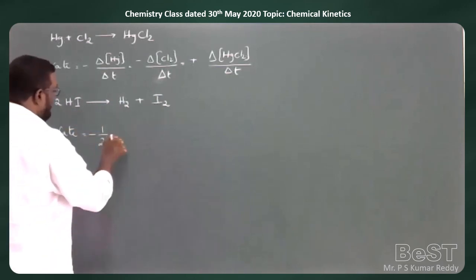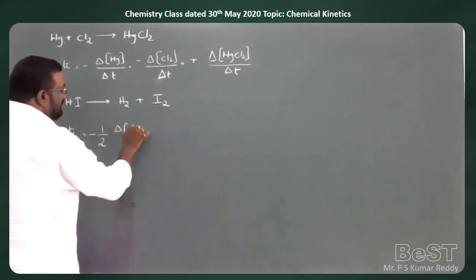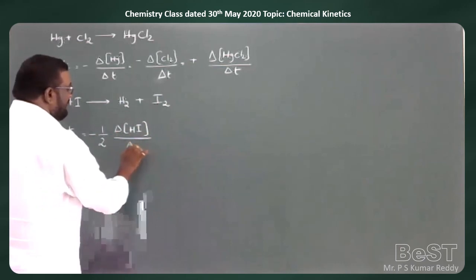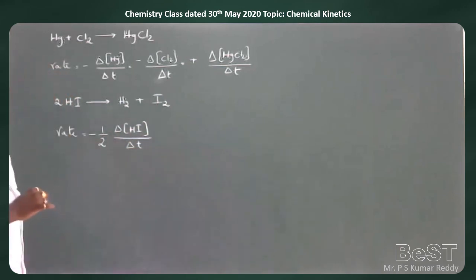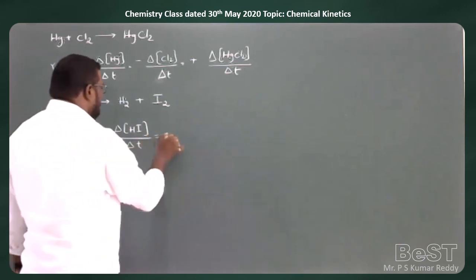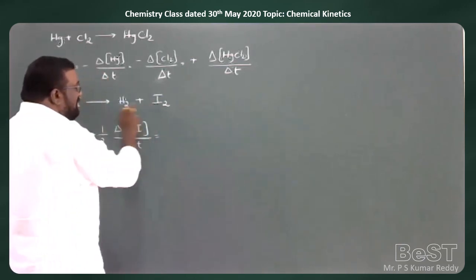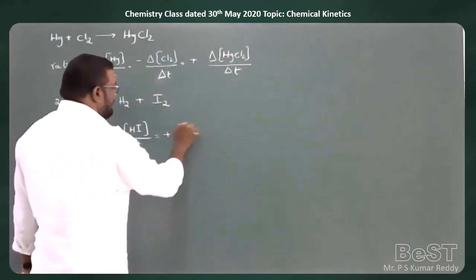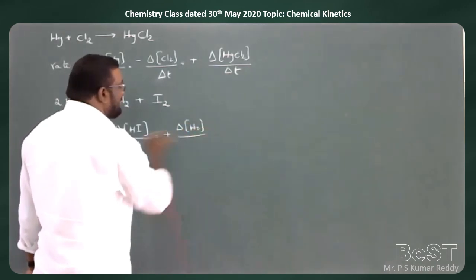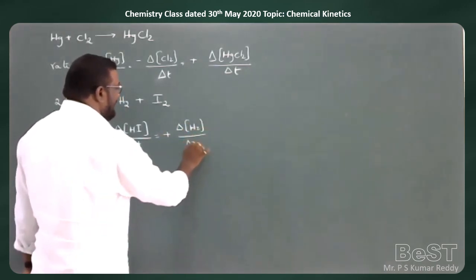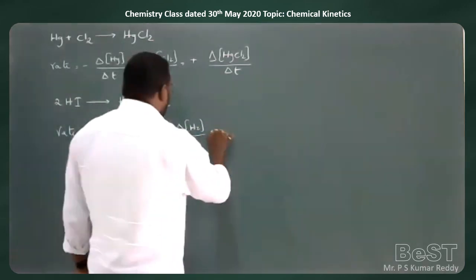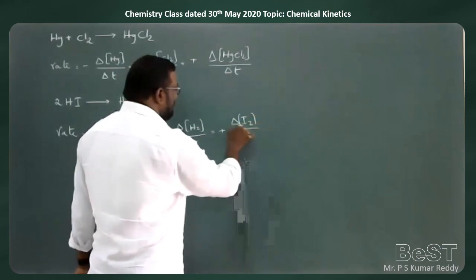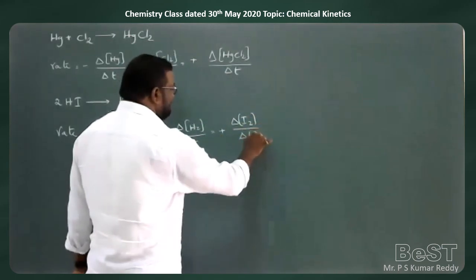So minus 1 by 2 delta concentration of hydrogen iodide by time taken, which is related with hydrogen, because here the stoichiometric coefficient is 1 only. So that is why we directly take plus delta H2, that is the increase in concentration of hydrogen by delta T, which is equal to plus delta I2, the concentration of iodine by delta T.